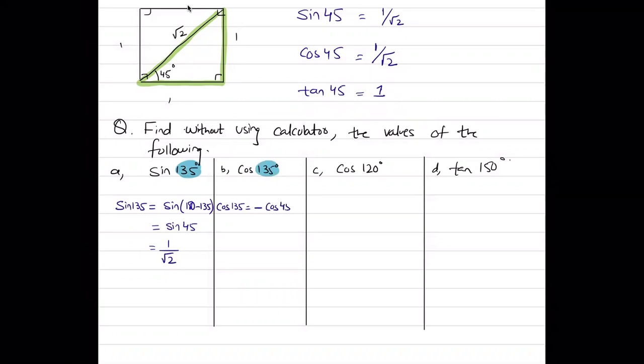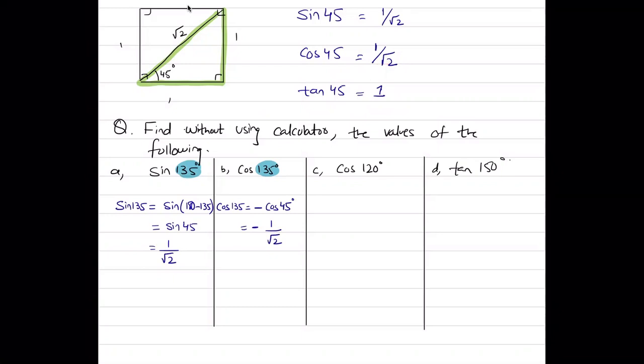It's 45. So cos of 135 is going to be equal to negative of cos of 45. And what was cos of 45 degree? It was 1 upon square root 2, right? Okay, can I move on?